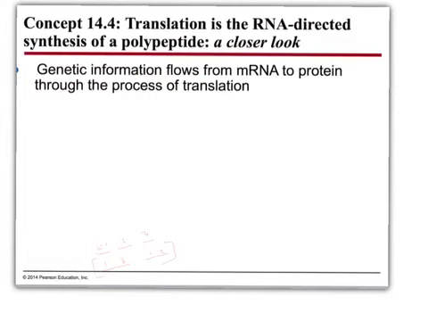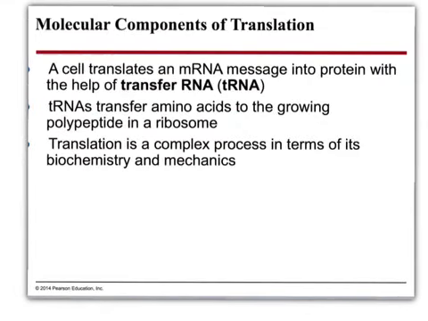Okay? So translation is taking the code that's in RNA, decoding it, translating it into the right sequence of amino acids for a functional protein. Okay? To do this, what do we have to do in order to get the right amino acids in order?